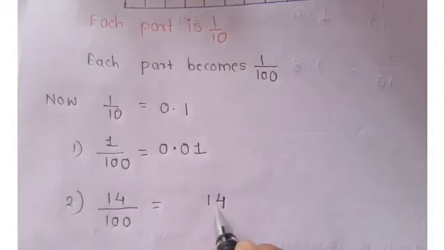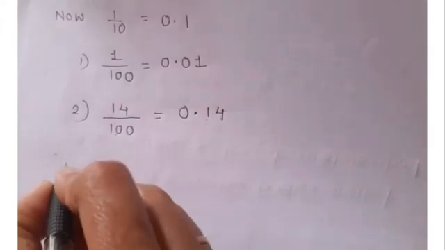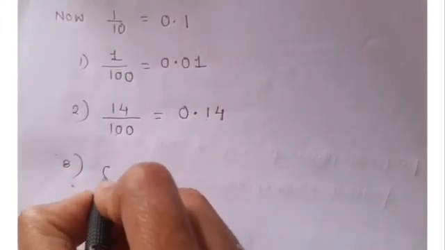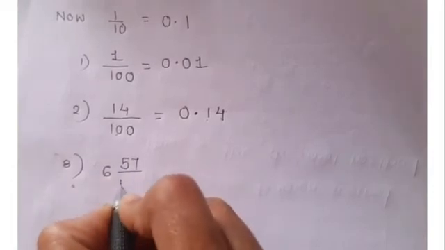So this is the first digit, this is the second digit. After that you will put the point and 0. Third one, 6 57 by 100.